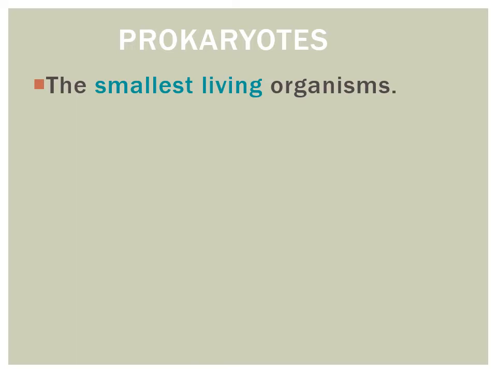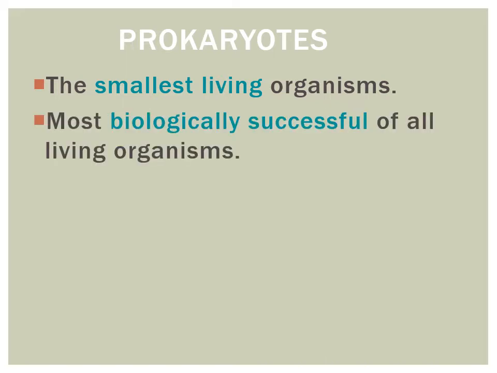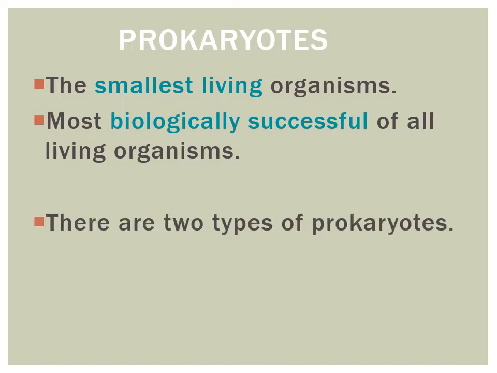In terms of characteristics, prokaryotes are the smallest organisms that are considered living on our planet. When we say they're the most biologically successful, we're talking about the fact that they were there at the beginning and they're still around today, and they're very easily adaptable to the environment, and so they have lasted for a very, very long time.